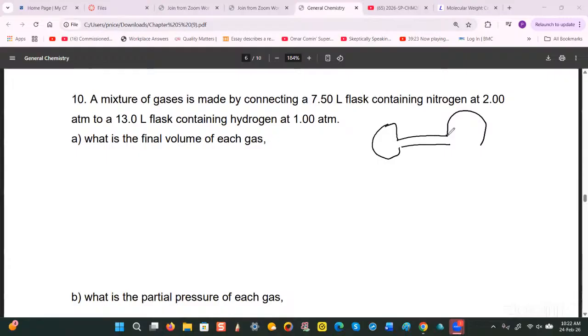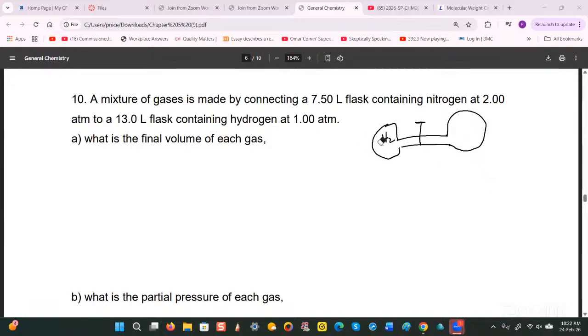So let's say these represent your 2 flasks, right? One flask contains nitrogen and the other flask contains hydrogen. So let's say there's a stopcock separating those two. And let's see the numbers for nitrogen. 7.50 liters and 2.00 atmospheres. That's for nitrogen. For hydrogen, let me make it according to the size that I've drawn here.